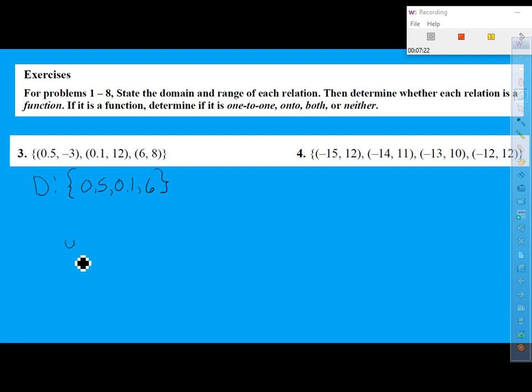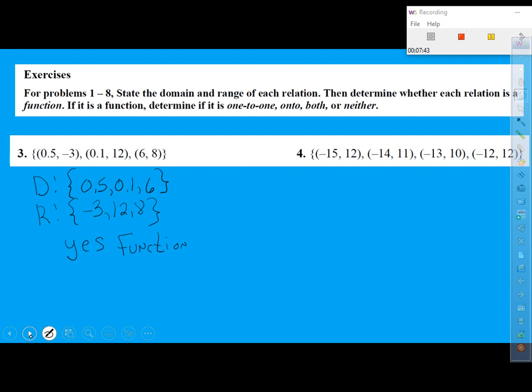Since none of these repeat, yes, it's a function. My range then will be the y values. -3, 12, and 8. So guys, I'm going to bypass number 4 because it's the same thing as we've done.